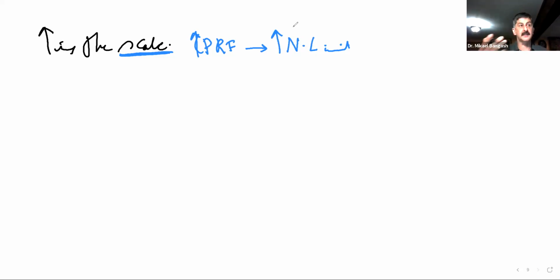So if you increase that, you are going to be able to record higher and higher velocities of blood without seeing aliasing. So that's how you get rid of aliasing, right? Practically, this increasing of the scale means increasing your PRF. How do we do that?